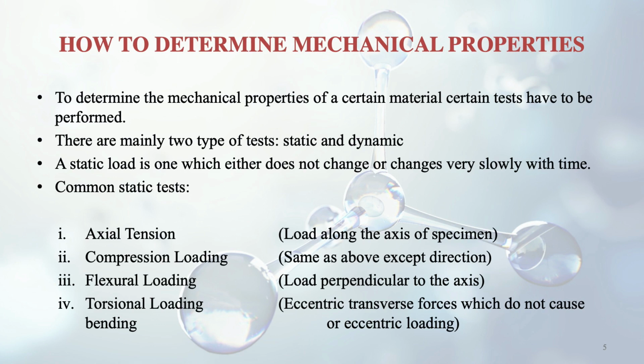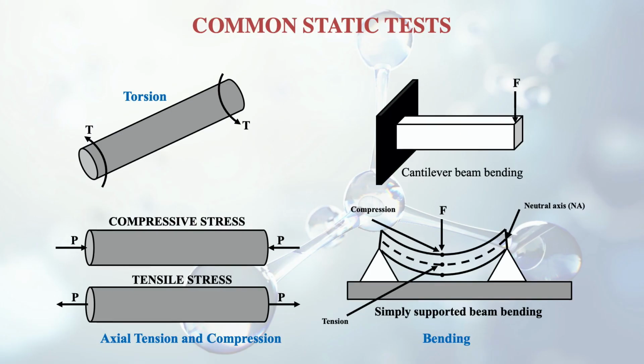The load is applied perpendicular to the axis. And the fourth and final test is torsional loading, where the load is applied but not according to the bending, it is in an eccentric direction and transfers to the specimen. So here are certain visual things through which you can understand better. The first one you can see is axial tension and compression.